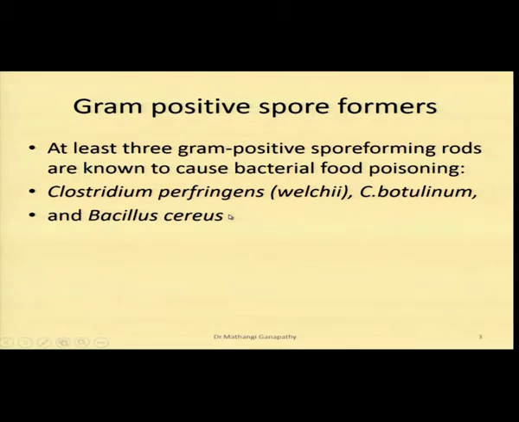They are rod-shaped organisms. These cause the bacterial food poisoning. And among the gram-positive spore formers, you have three main organisms which we are concerned with: Clostridium perfringens or Welchii, Clostridium botulinum, and Bacillus cereus. We already dealt with the intoxication caused by Bacillus cereus in a previous lecture.